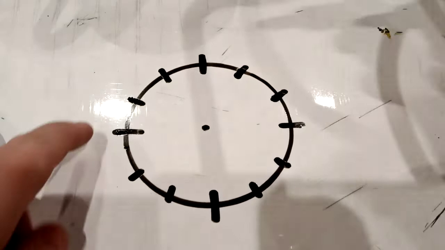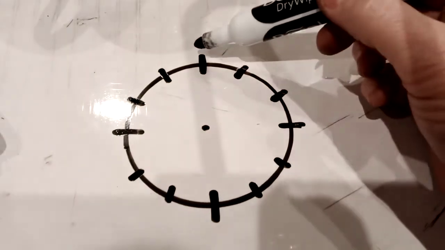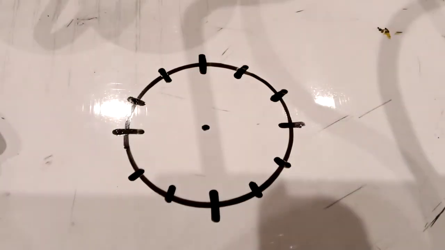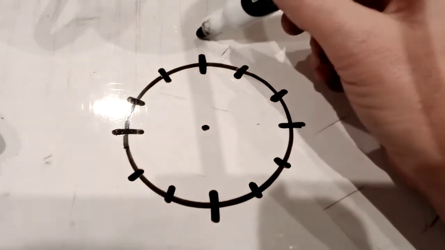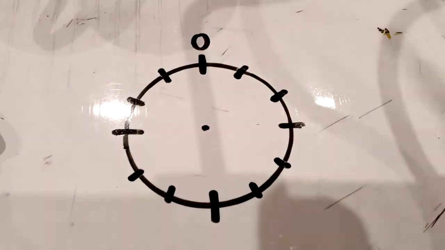So pause this video and go and draw an analog clock face, hopefully with those intervals. When you've got your analog clock face, I'd like you to remember that the 0 is the starting point. And yesterday we talked about a clock face being essentially a timeline.